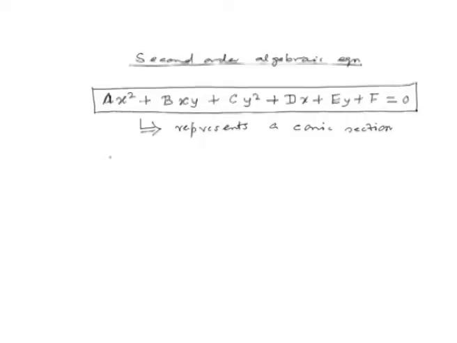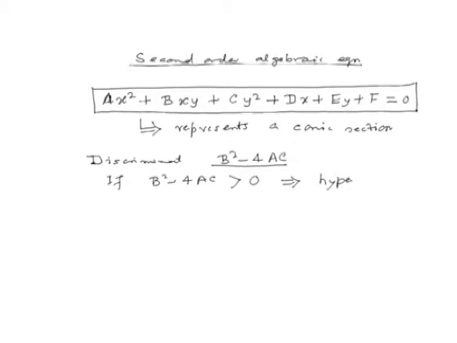What we will see would depend on the discriminant b square minus 4ac. So we say that if b square minus 4ac is greater than 0, then this equation represents a hyperbola. Hyperbola is essentially a curve, in fact it contains two different curves, a combination of two curves.